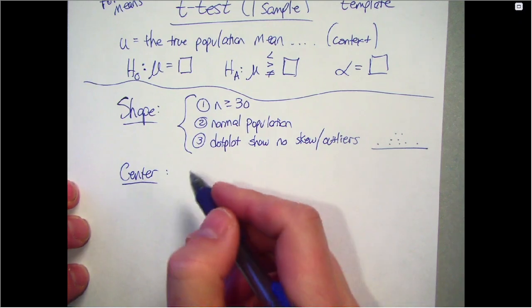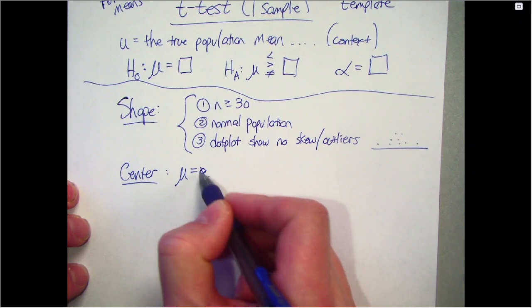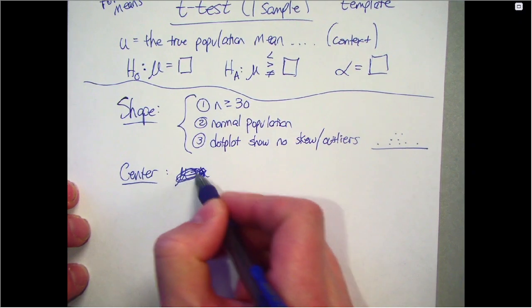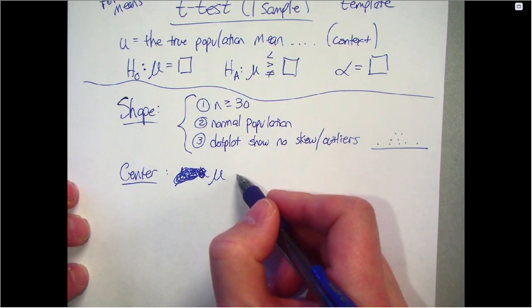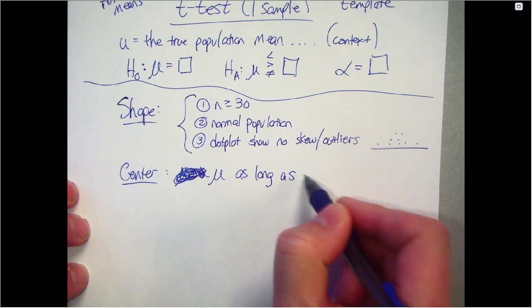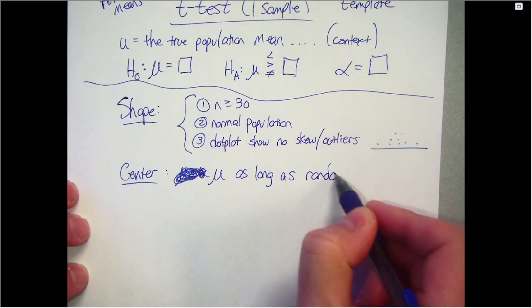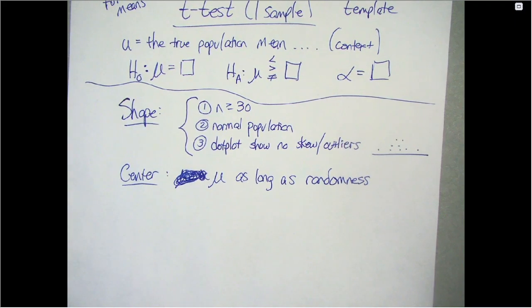So the center is going to be mu, as long as we have randomness. So we assume that the center of Coke bottles is 20 as long as we did it randomly, because the population mean is 20.